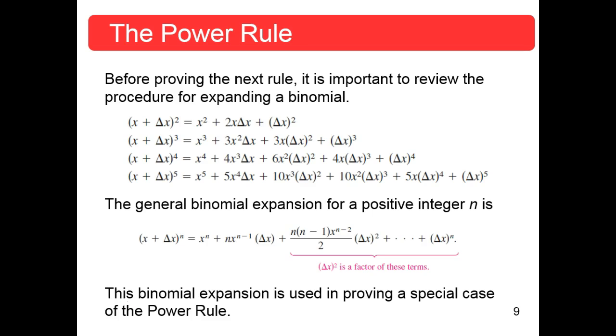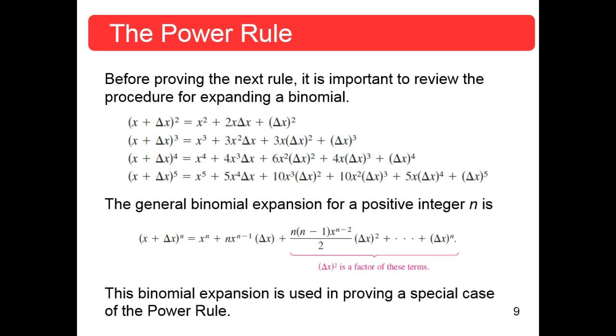So the general binomial expansion for a positive integer is, now this is a general. Remember, you start with x to the n, okay? And then you do n, and this is how I did it the second time.